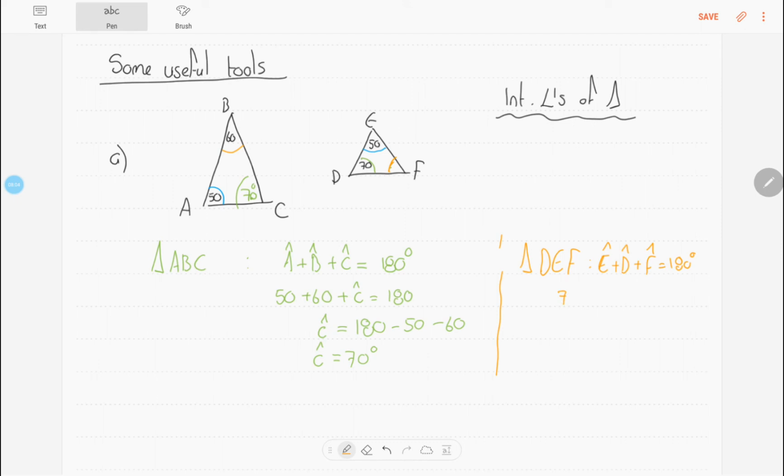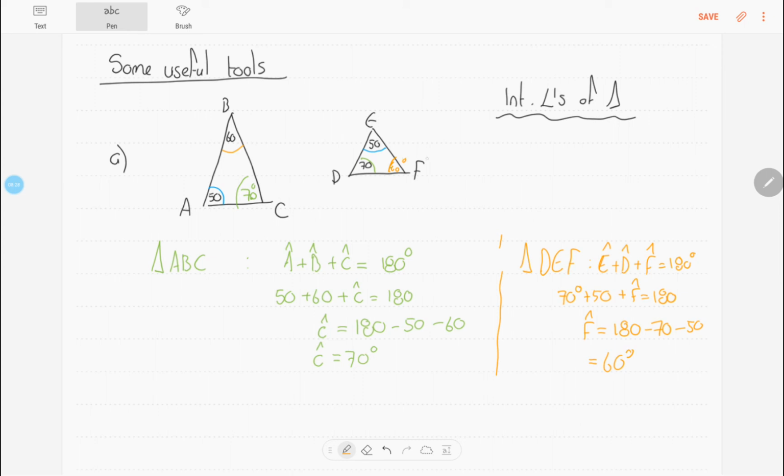So we got 70 plus 50 plus angle F should give me 180. I'm going to bring those over, so I'm just solving for my F, right? Minus 70 and minus 50. So my F should give me 60 degrees. So that there is 60. Okay. So that's one way of getting all the angles are the same.